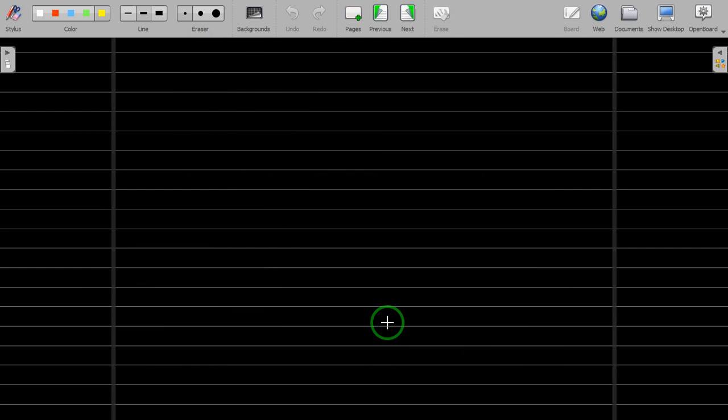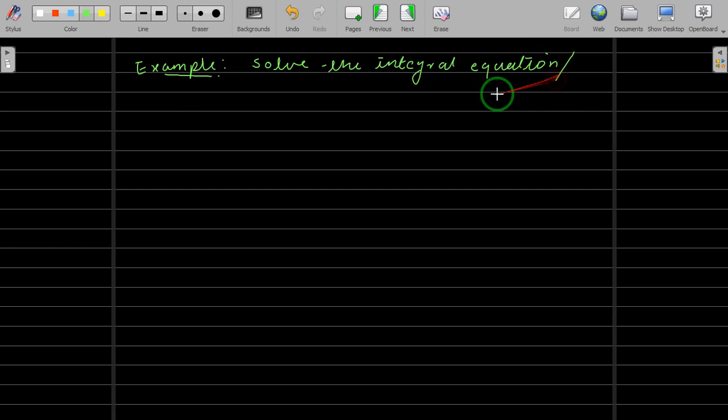Let us take some examples straight away. Solve the integral equation, or we can say find the resolvent kernel. We have stated that it's unique, so I can say find the resolvent kernel, right?